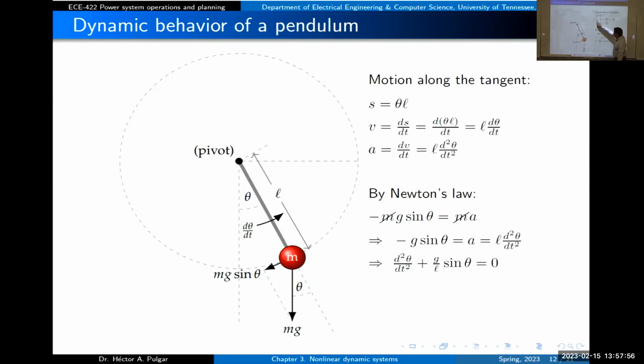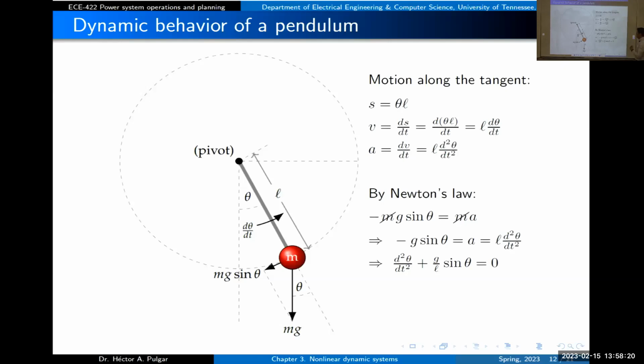We can get the derivative of the speed, and then because L is constant, we derive this one more time. It's going to be L, the second derivative of theta in time, which is the angular acceleration. So that's what we're going to consider. We're going to consider the motion at the tangent here.